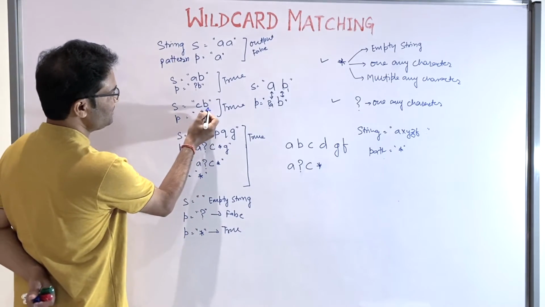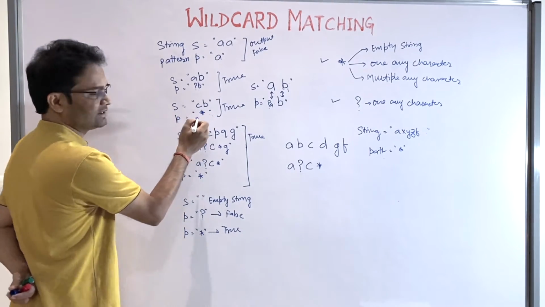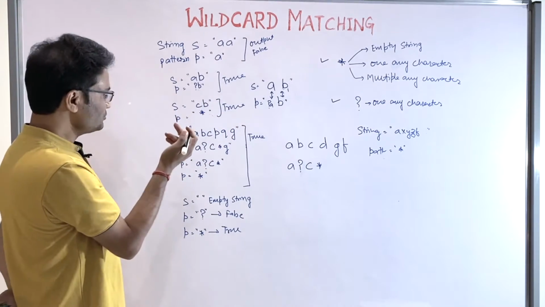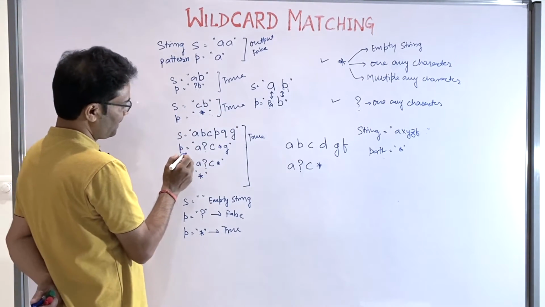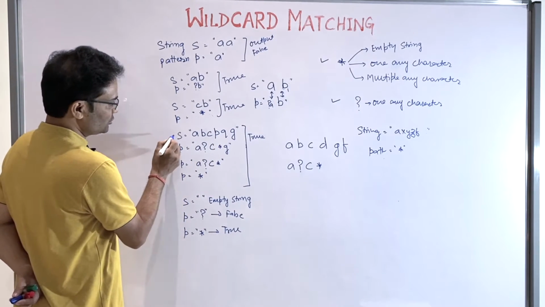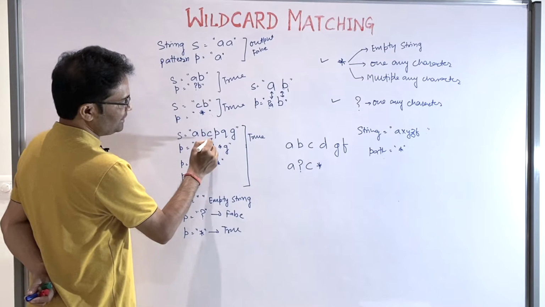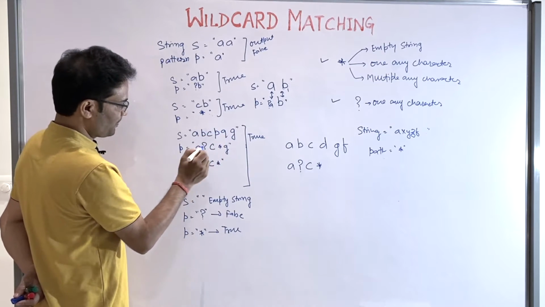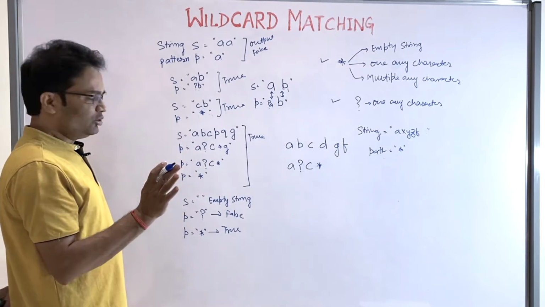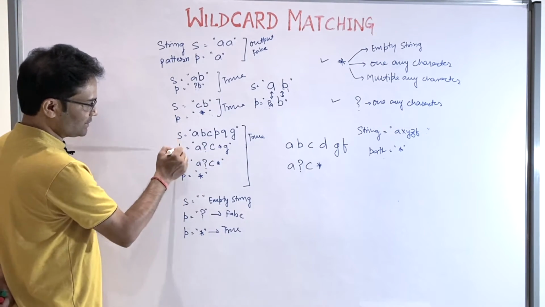In this case, CB is the string and the pattern is the star. Of course, it will be true, because star can represent CB. Now we are going to take this example in our solution. Suppose the string is ABCPQG, and your pattern is A question mark C asterisk G. Check whether this will match or not.